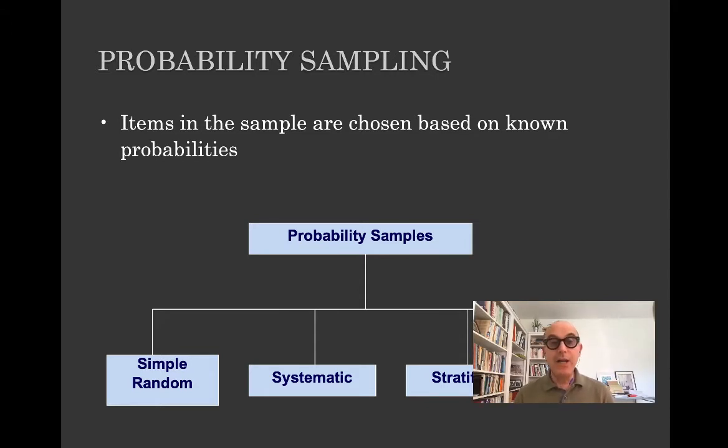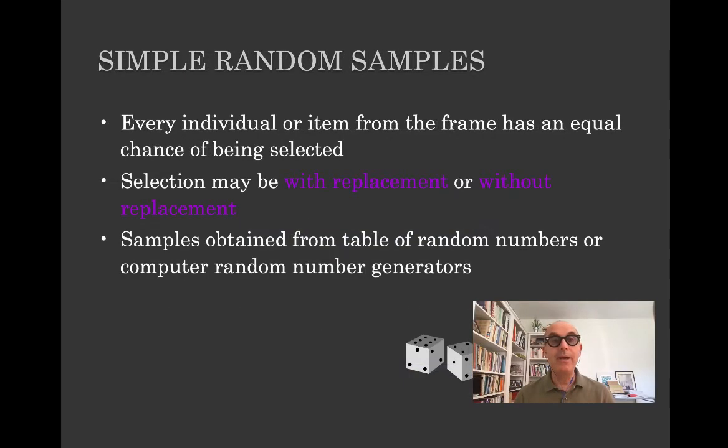So if we are looking at those four types of probability sample, this is what we can come up with. In simple random sample, every individual or item from the frame has an equal chance of being selected, and the sample is obtained from a table of random numbers or a computer random number generator.